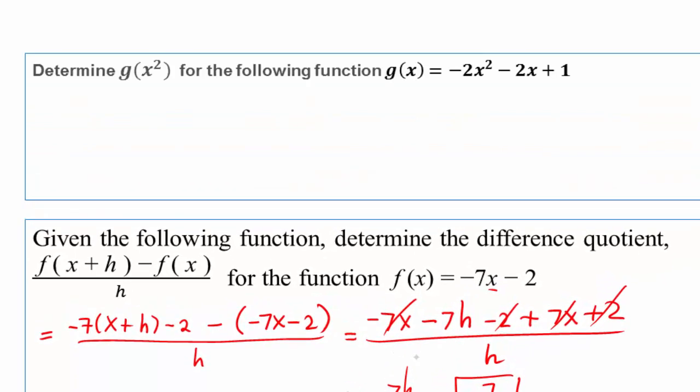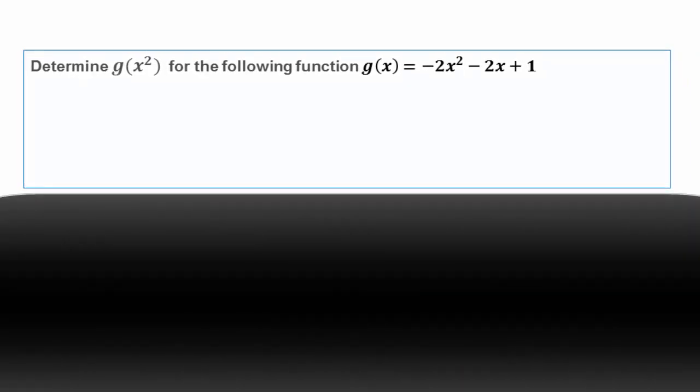Oh, here's another function. You have g of x is equal to minus 2x squared minus 2x plus 1, and you're asked to determine what is g of x squared. So again, that just means that all you have to do is whatever is in the argument of g, you replace it. So this is minus 2 times something squared minus 2 times something plus 1.